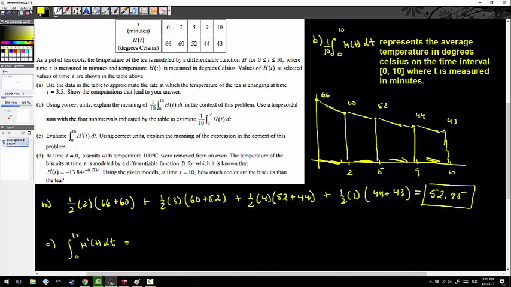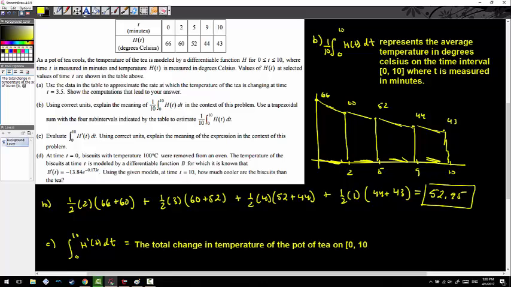Since we're just explaining, I'll go ahead and switch to text. We would get the total change in temperature of the pot of tea on the time interval 0 to 10.